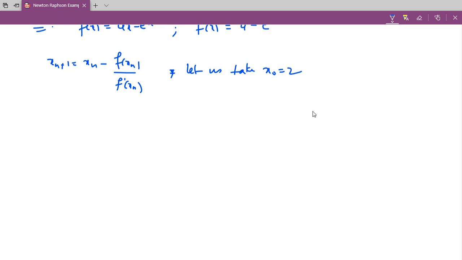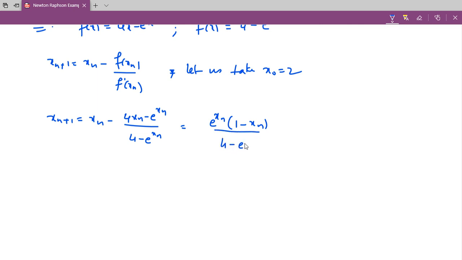Now we just adjust the formula first. xn plus 1 is equal to xn minus f of xn, which is 4xn minus e power xn, divided by 4 minus e power xn. If you adjust this formula, it is going to be e power xn into 1 minus xn divided by 4 minus e power xn.